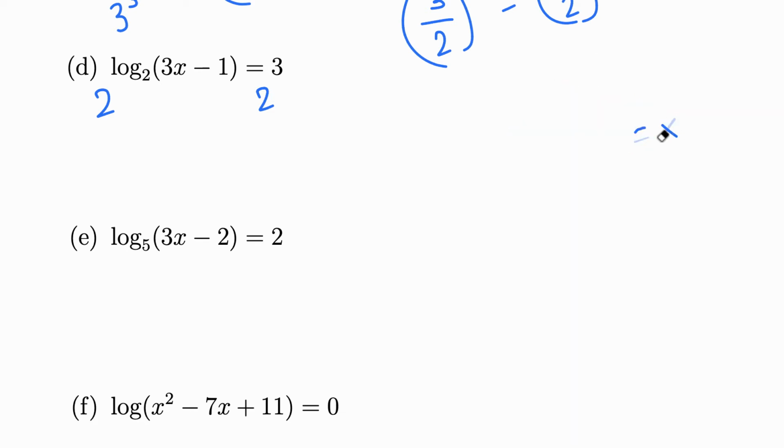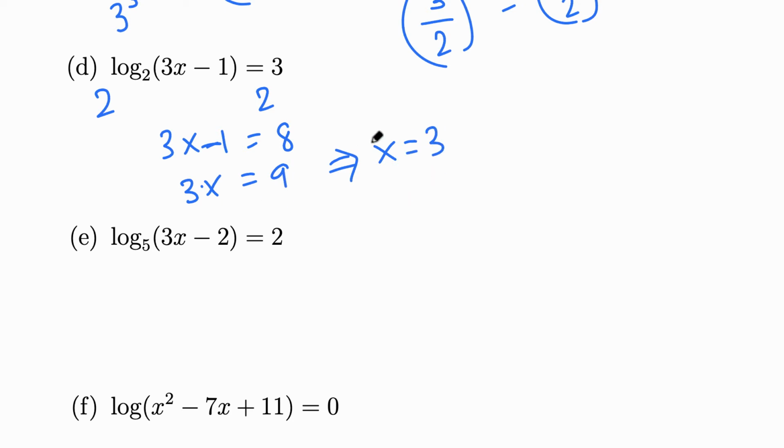So we use that property here. 2 raised to log base 2, their actions cancel. 3x minus 1 equals 2 cubed, which is 8. Now add 1 to both sides, so 3x equals 9. Divide by 3, and we get x equals 3.